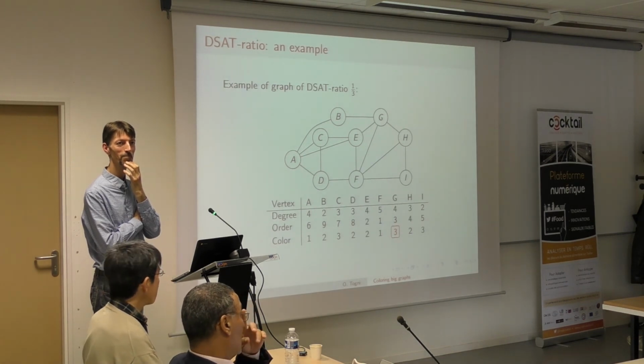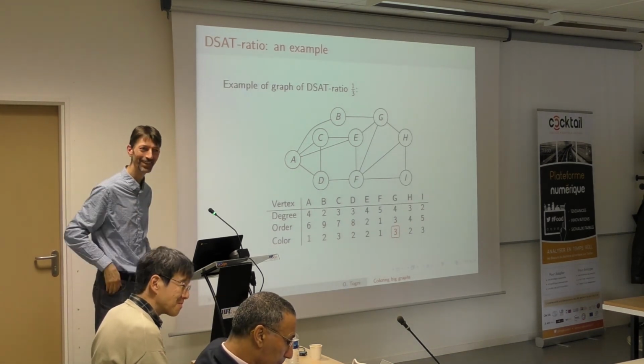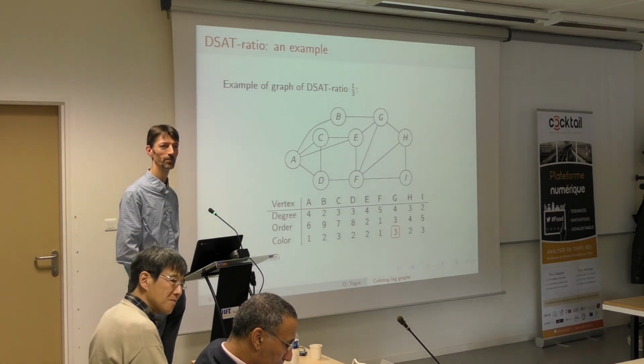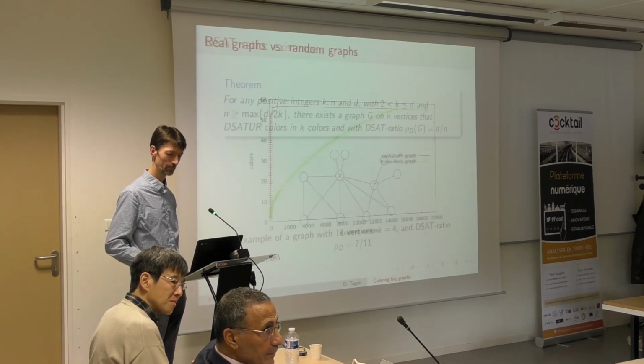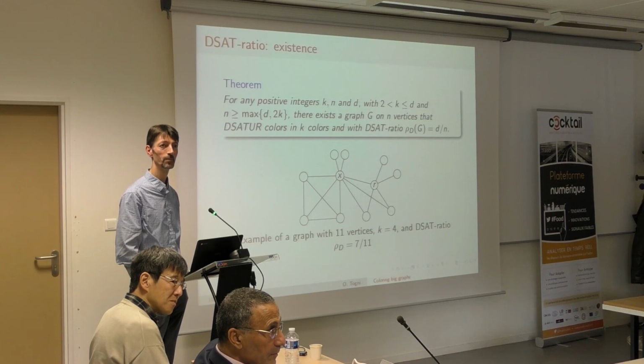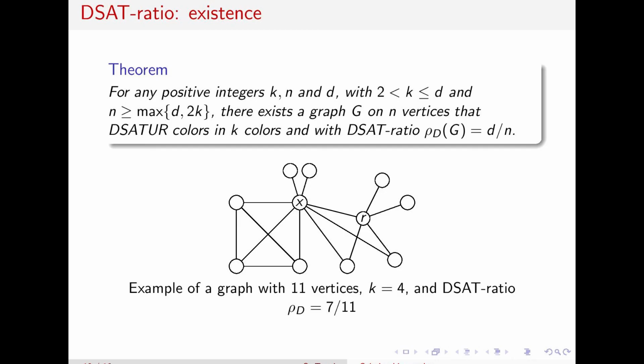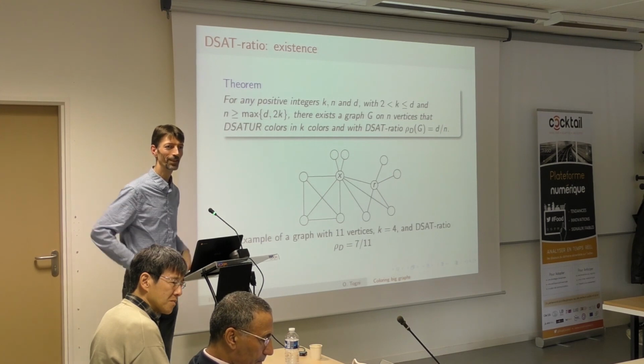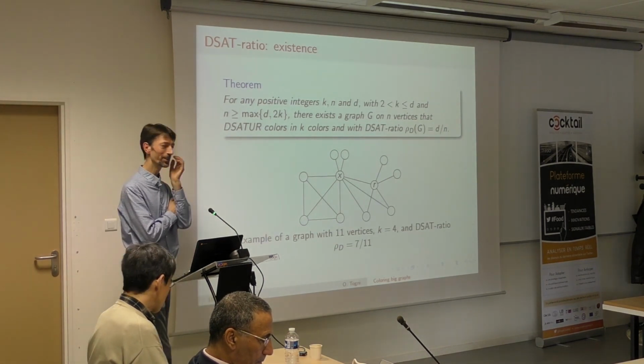Can I ask the second one? You mentioned that it's easy to construct any graph with a given desaturation ratio. Maybe you tried to construct a very complicated graph where the desaturation ratio is about 100%. What does such a very difficult graph to color look like? I don't know what you mean by difficult.